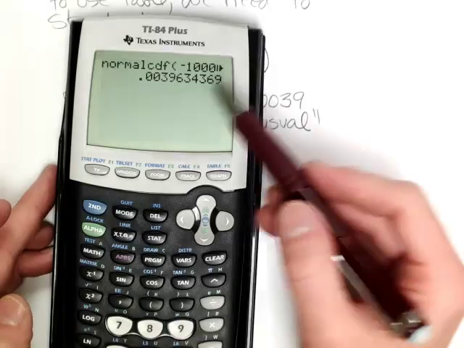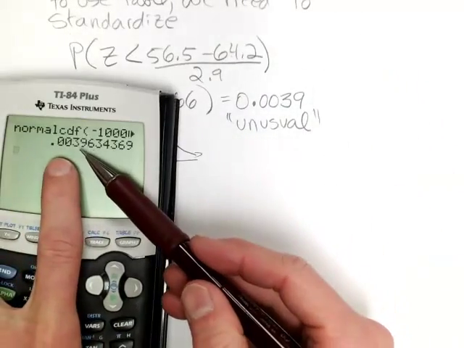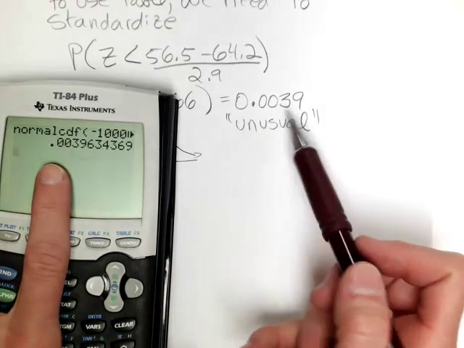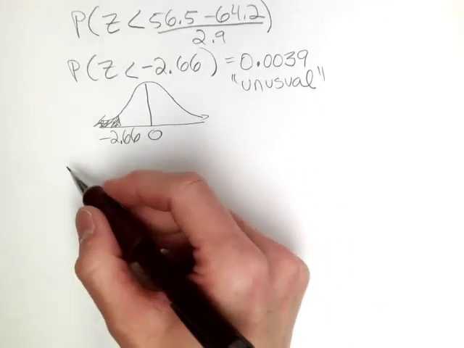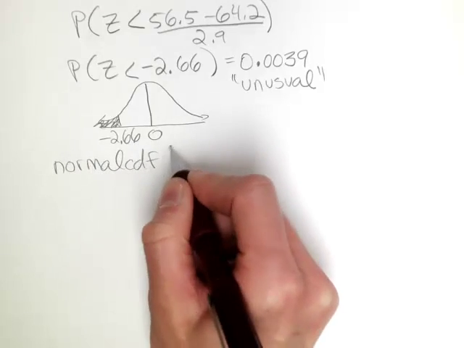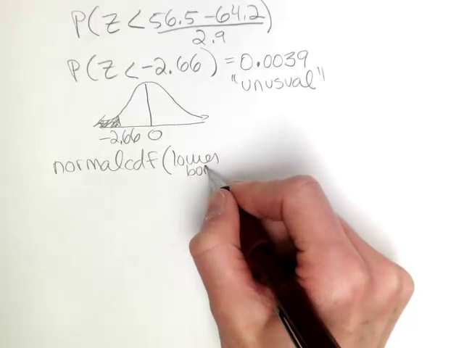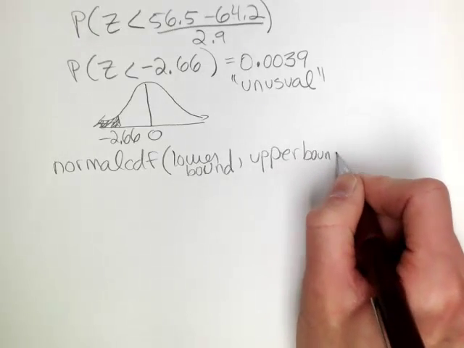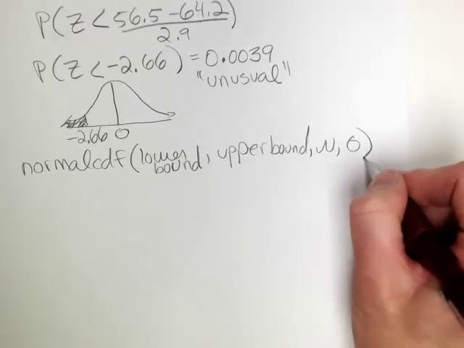This answer is about the same as we got from the standard normal table. If you were to do this on the older calculator, you would open up your normal CDF, put a lower bound of a really small number, the upper bound, in this case, would be negative 2.66, and then you have to tell it mu and sigma.